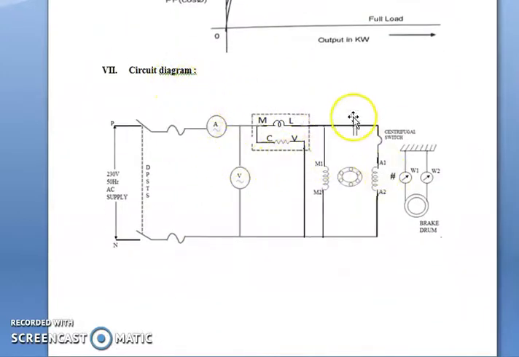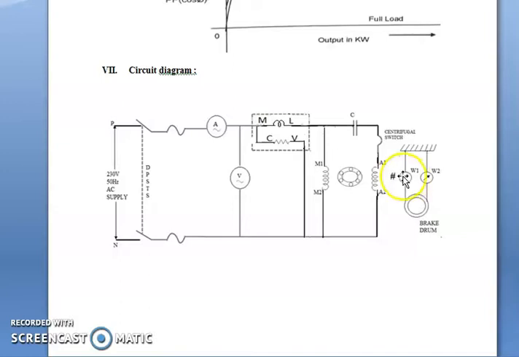This is nothing but a single phase AC motor, we call it a single phase induction motor, and to it we have connected a brake drum arrangement. The brake drum arrangement is similar to the brake load test on a DC shunt motor. Already in the second year, we performed the brake load test on a DC shunt motor.